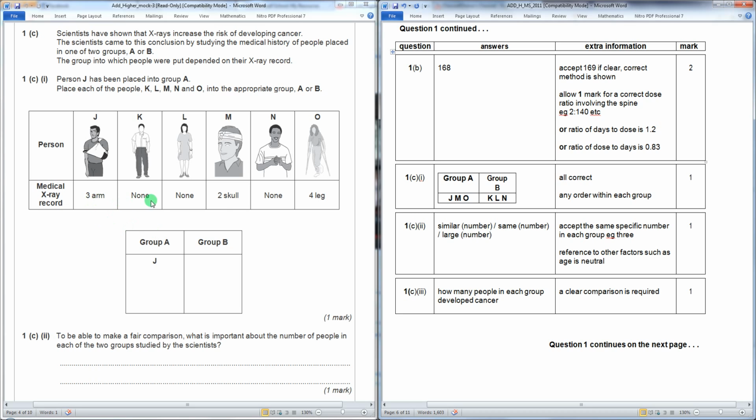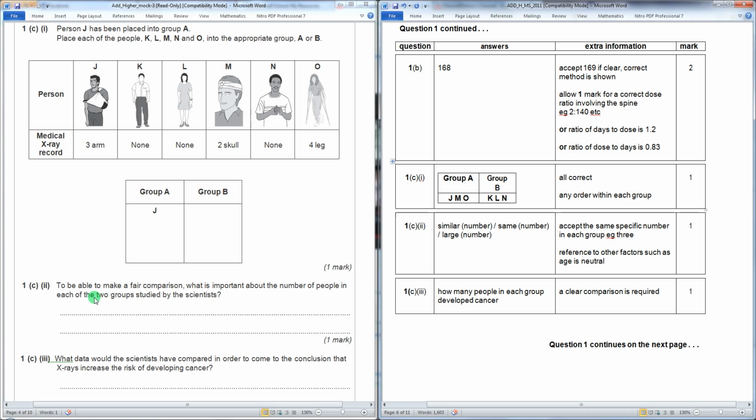And if you look at the list overall, we can see there's 3 people with none and 2 other people who've got some x-rays. So the logical thing then to do is to put M, 2 skull x-rays, in group A and O in group A and the others into group B. And that's what the mark scheme says. So you're just sorting the people into the people who've had x-rays and people who haven't.